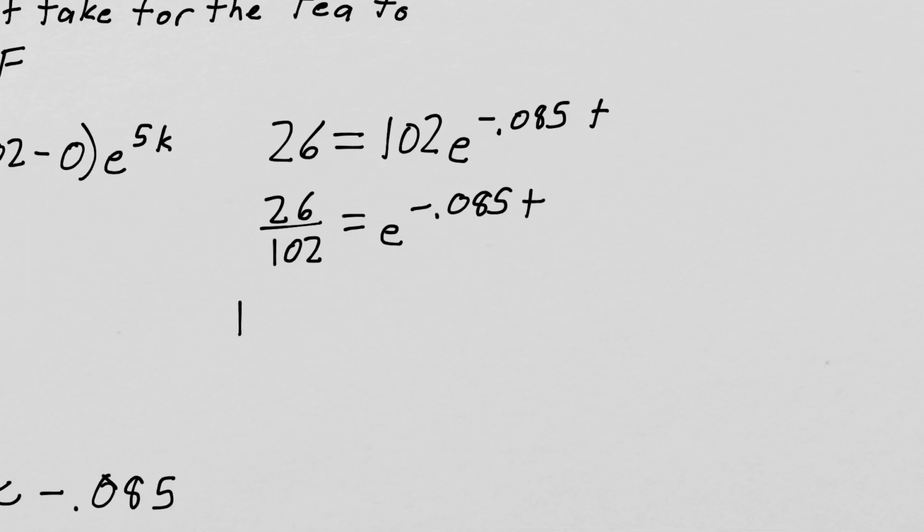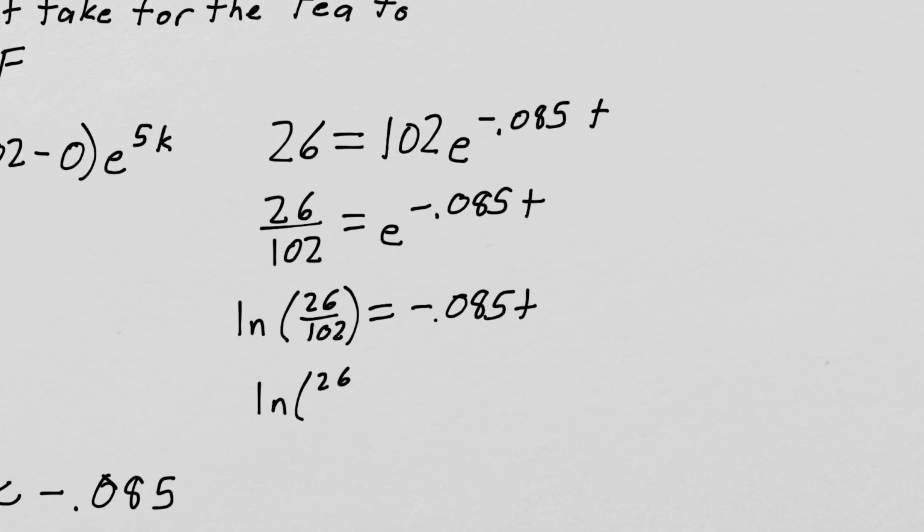And take the natural log of both sides. And then divide both sides by negative 0.085.